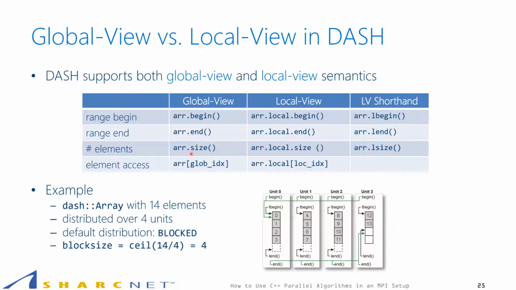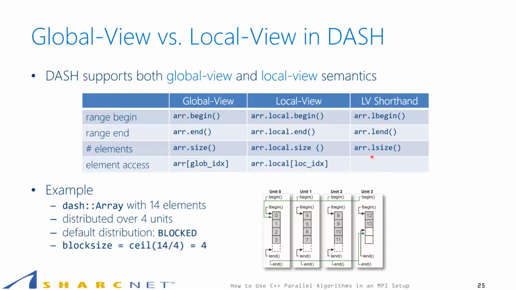And you can use size for the global size of your array. And then you can use the subscript operator like an ordinary array in STL to refer to those elements globally. But if you want to switch to local view, you can use .local before each of these, or there is a shorthand version for begin, end, and size, where you can drop the .local and just use lbegin, lend, or lsize.